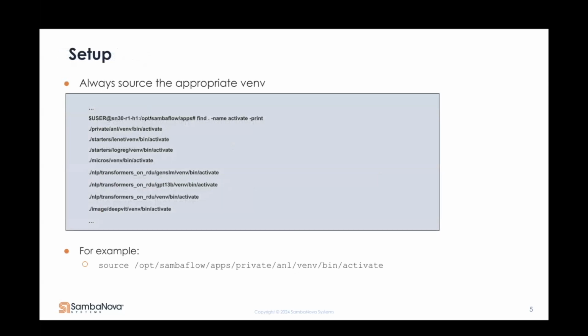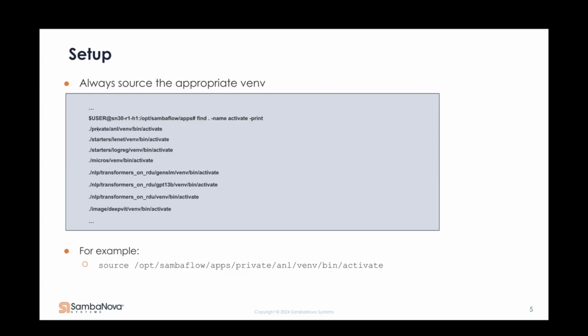Here, we show a great way to find and verify these environments. You can go to the opt/sambanova/apps directory, use a find command, and it will print out all the environments for each of the models that are already present. If you're doing a smaller model, such as logret or Linit, you can grab it from the starter places.